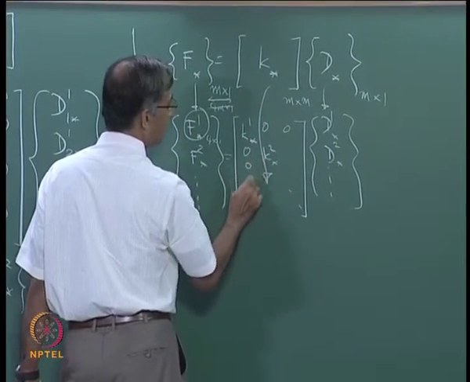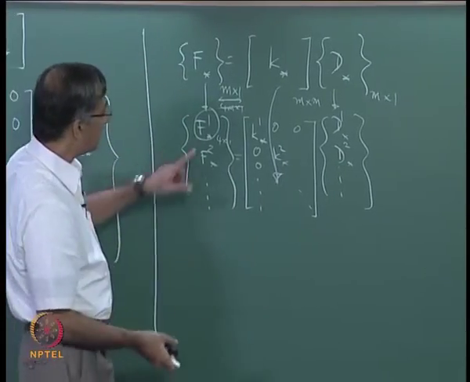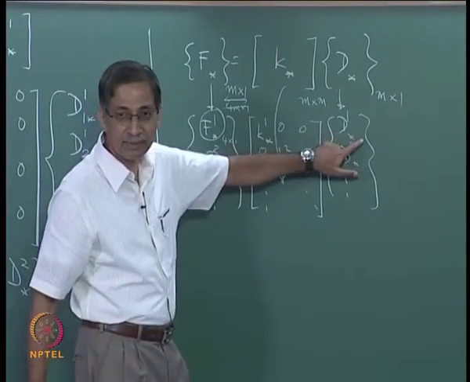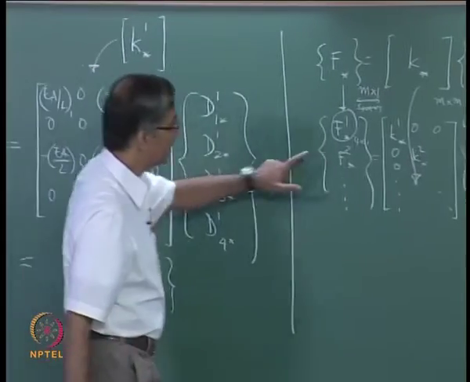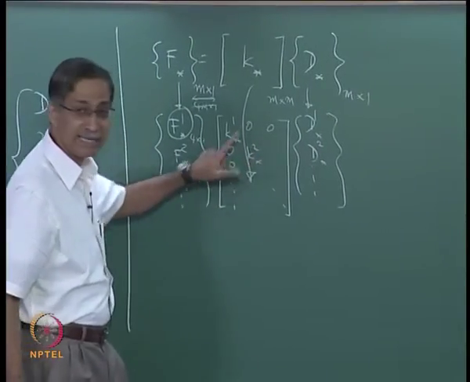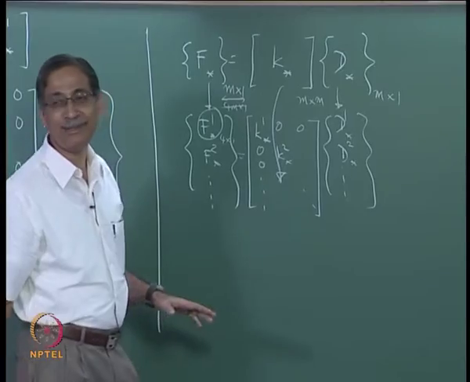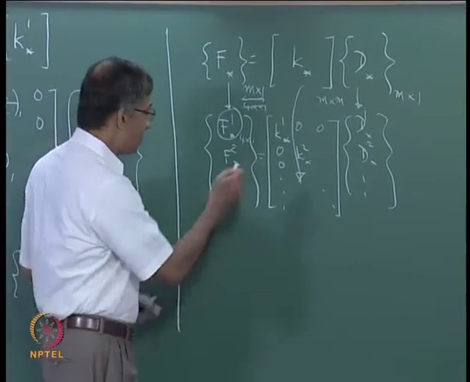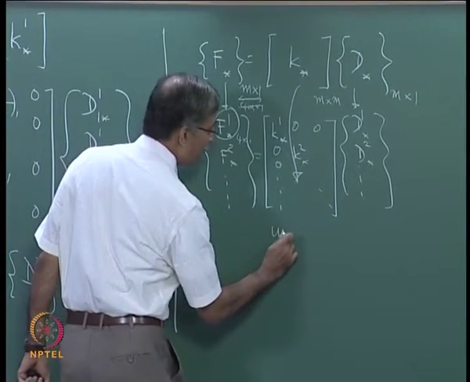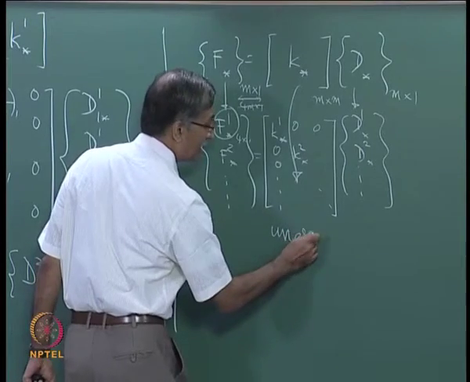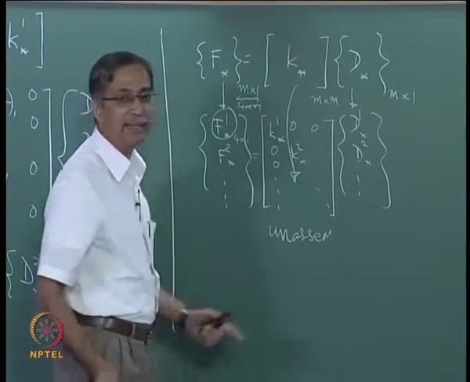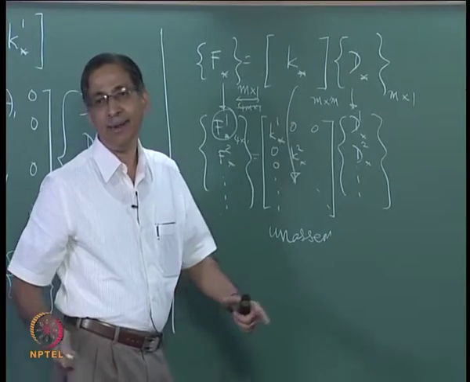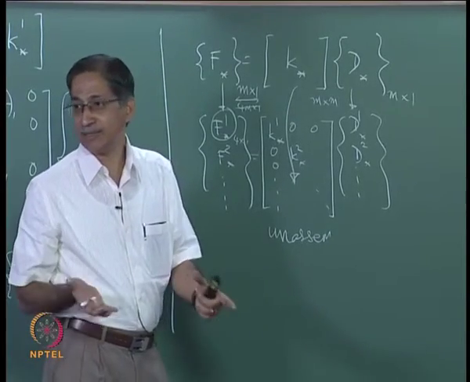Is it clear? Because then only I get this is equal to this times that, which is this. This is equal to this times that and nothing else.